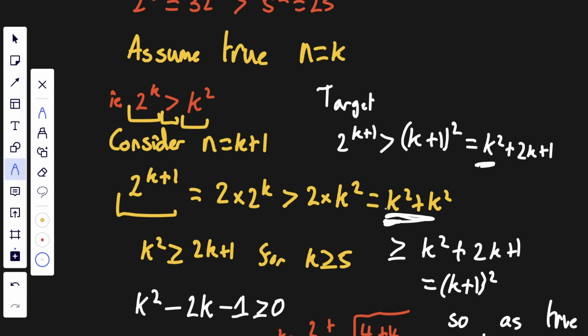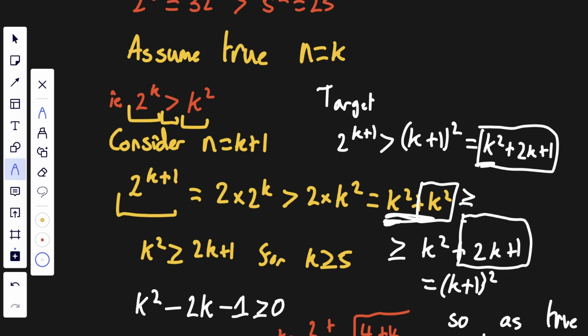So we rewrote 2k squared as k squared plus k squared, because that made it look as similar to our target as possible. We don't want one of the k squareds, and we want instead 2k plus 1. So that's where we form our inequality between these two terms, and we had to show they're greater than or equal to for all of the k that we care about.